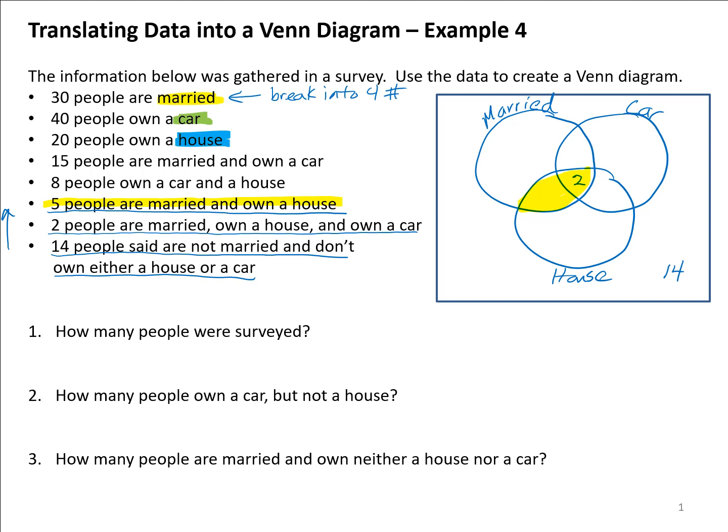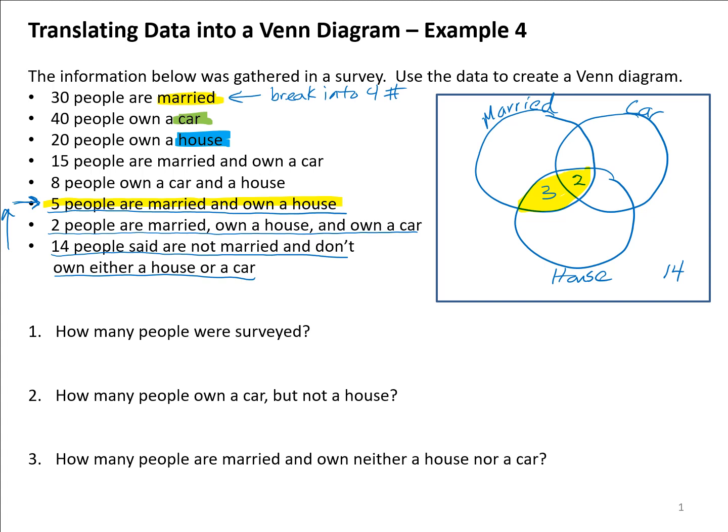So what would be left would be 3 people to go into the region where we have married and owning a house but not owning a car. So together now, 3 and 2 make 5, and that satisfies this condition of 5 people are married and own a house. So we're teasing apart the 5 to get the 3 and the 2.